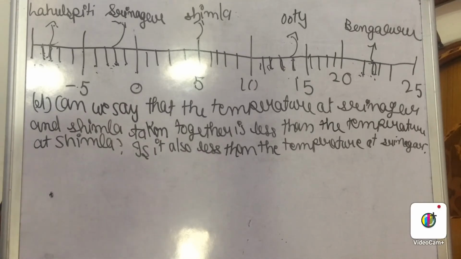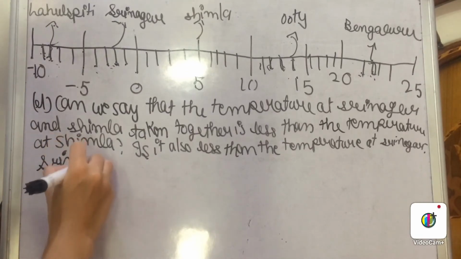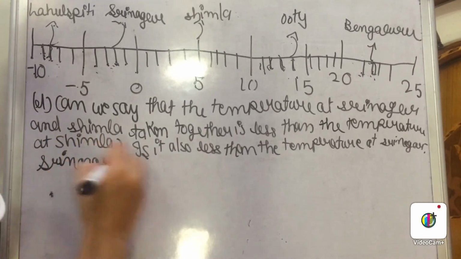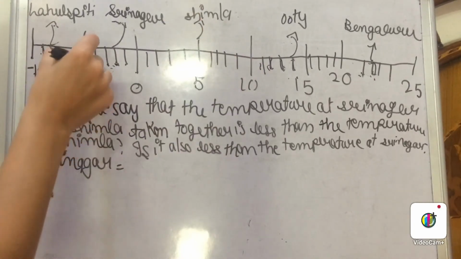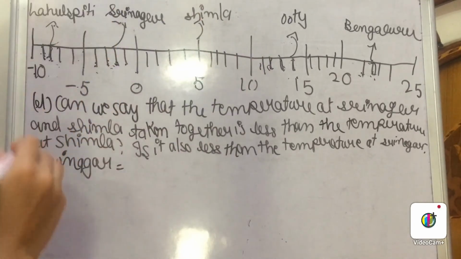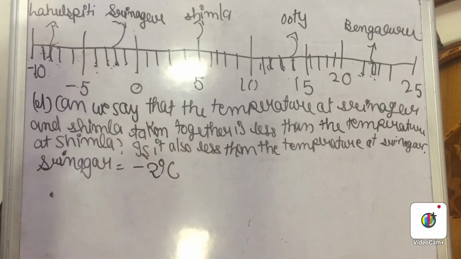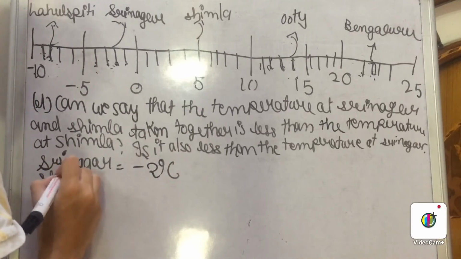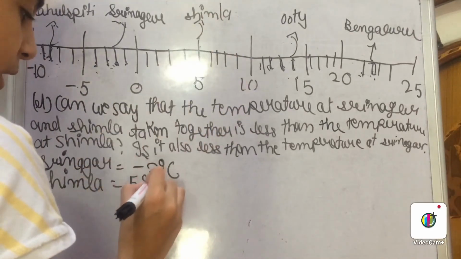To understand this question, we have to write the temperatures at Srinagar and Shimla. What is the temperature at Srinagar? It is -5, -4, -3, -2: minus 2 degrees Celsius, and the temperature of Shimla is 5 degrees Celsius.